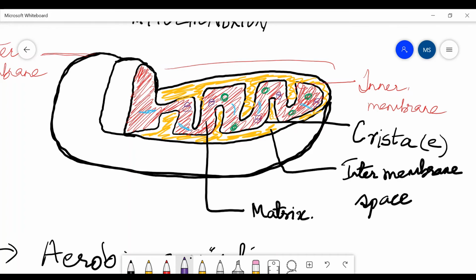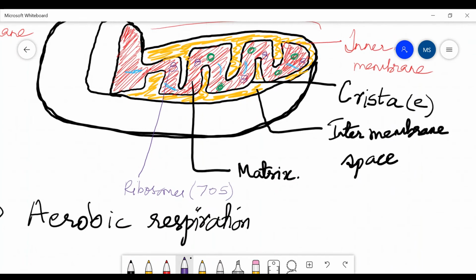The ribosomes in mitochondria are of 70S type, whereas plants and animals have 80S type ribosomes. These ribosomes are the chief organelles required for the synthesis of proteins. Mitochondria are capable of dividing by fission.